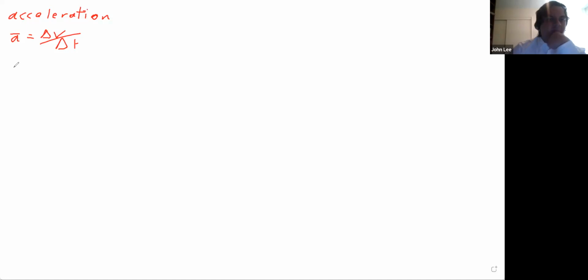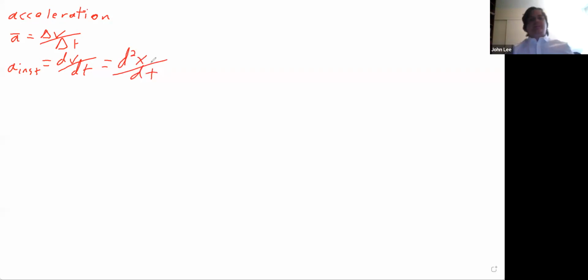And instantaneous acceleration is equal to dV/dt, which is equal to d squared x over dt squared, because it's the double derivative of position over time, because velocity is the derivative of position over time.